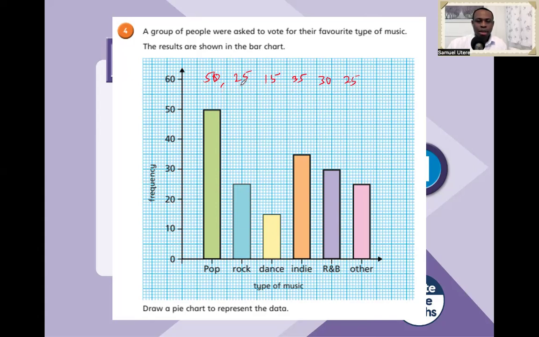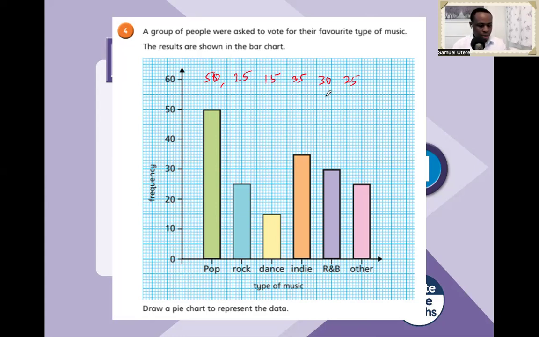So 50 add 25, that's 75. Add 15, that's 90. 90 plus 35 will be 125, plus 30 will be 155, plus 25 will be 180. I think so, but let me just be sure.